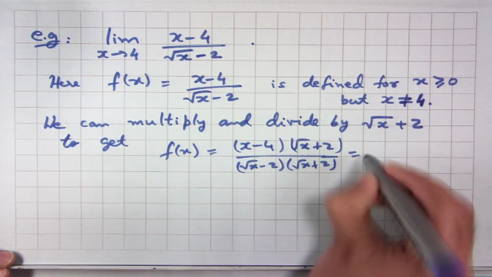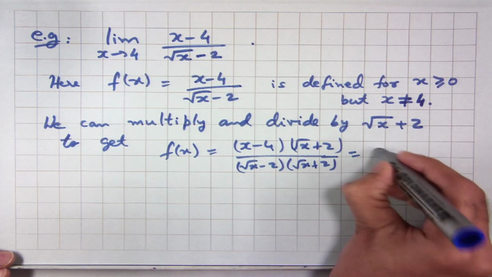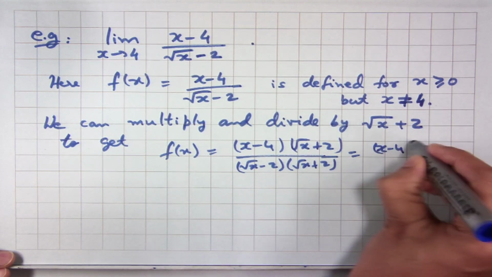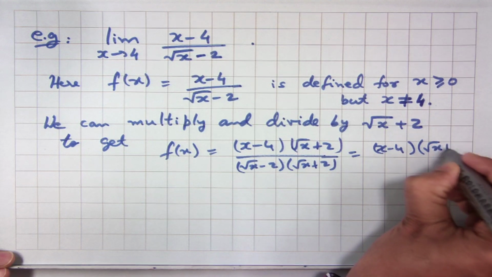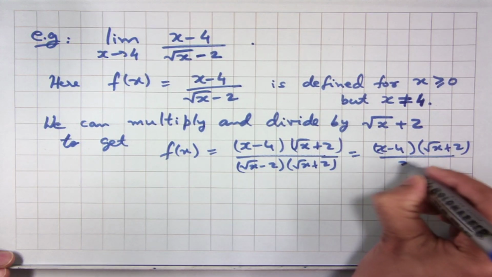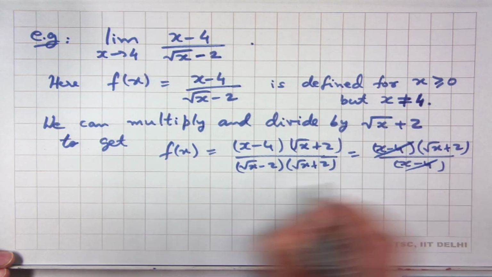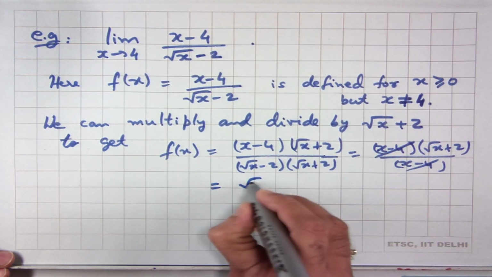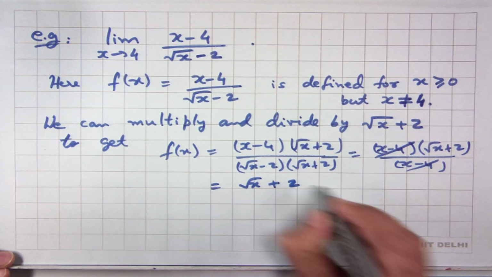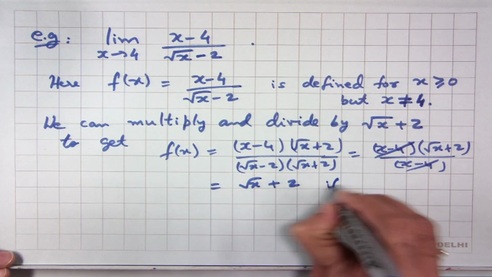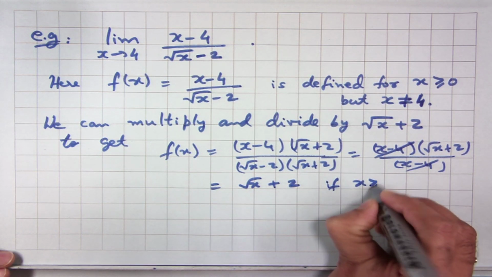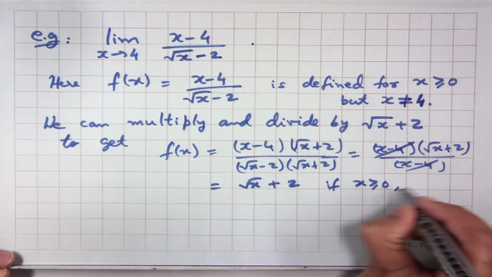And now, if you multiply in the denominator, we get x minus 4, and this cancels with this. So, f x is equal to square root x plus 2 if x is greater than or equal to 0 and x not equal to 4.